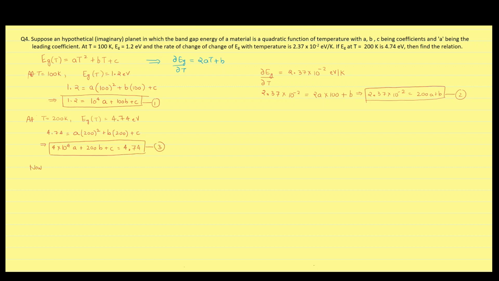Now, we will subtract the first equation from the third equation, which will give the fourth equation. Now we will subtract 100 times of second equation from the fourth equation.